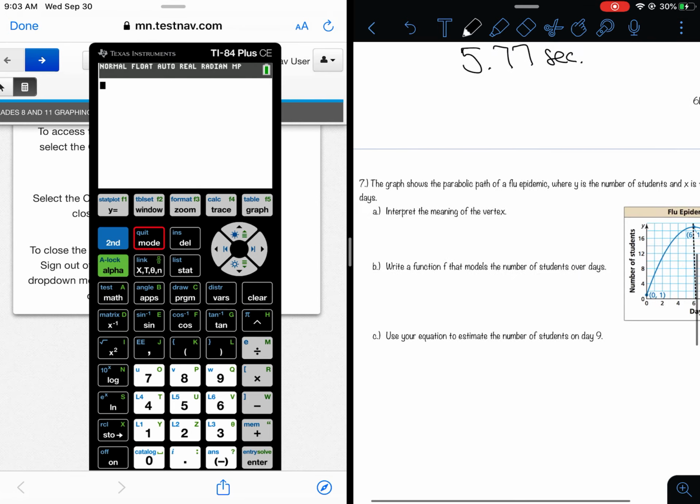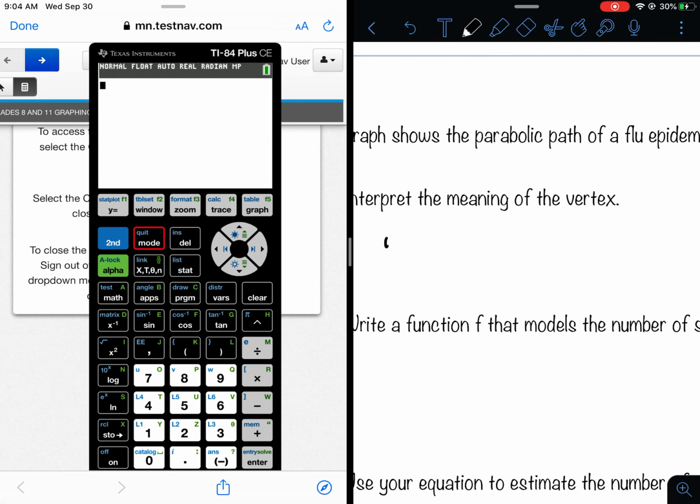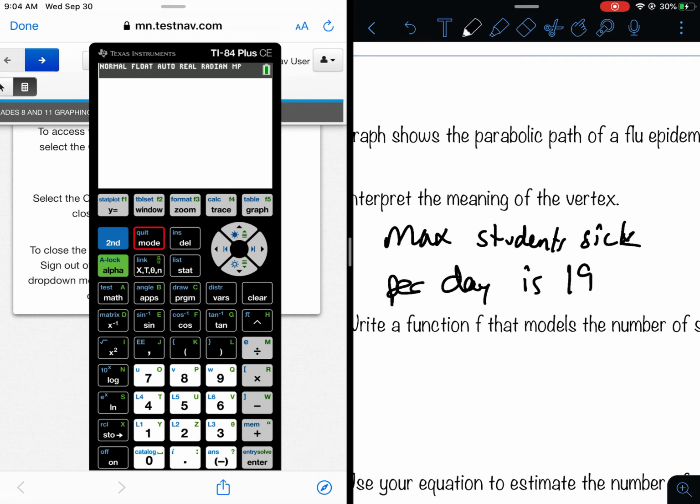Now the first question is just talking about the vertex. What is the meaning of the vertex? Well, since the vertex is the maximum point on here, you could imply that the maximum number of students that got the flu would be 19 students. So you could say max students sick per day is 19.